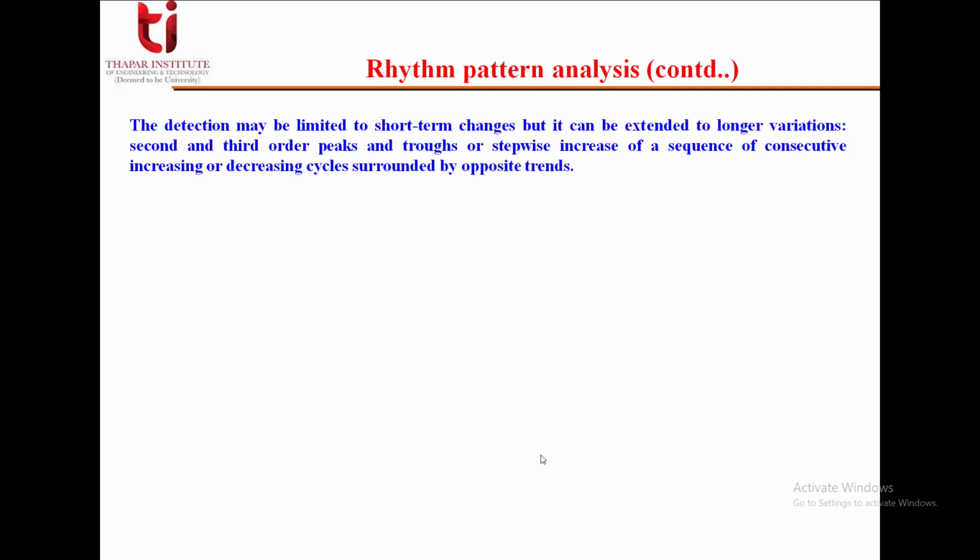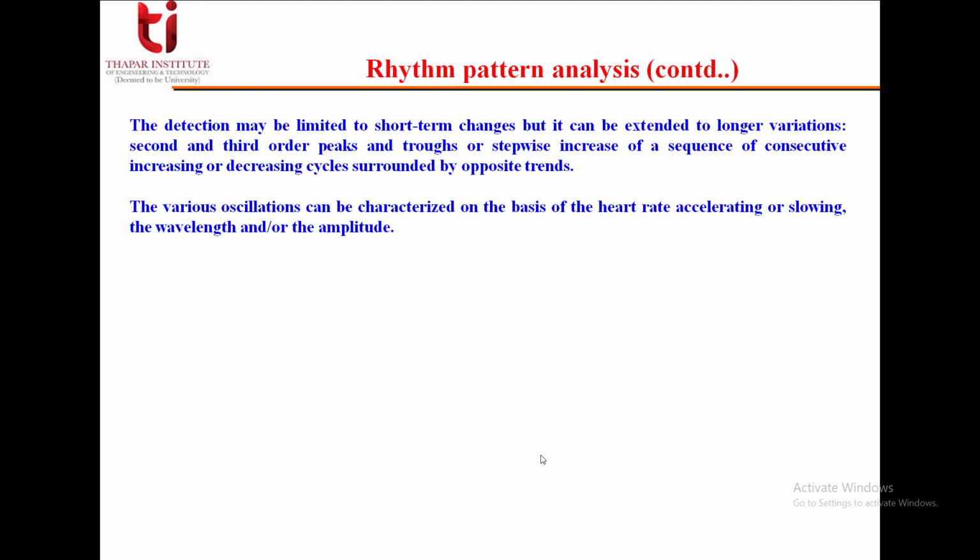The detection may be limited to short-term changes, but it can be extended to longer variations. Second and third order peaks and troughs, or stepwise increase of a sequence of consecutive increasing or decreasing cycles surrounded by opposite trends.